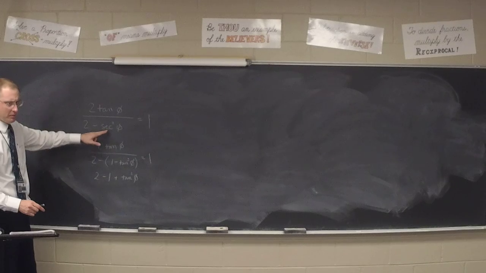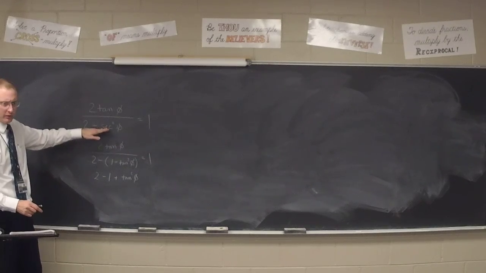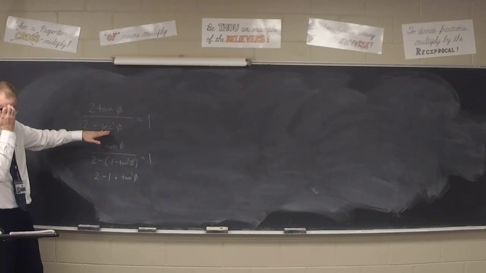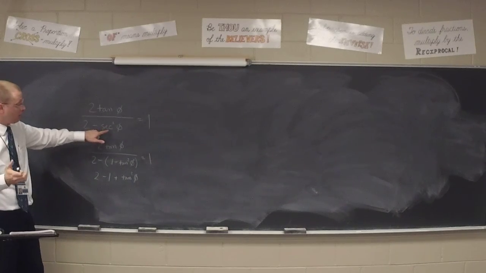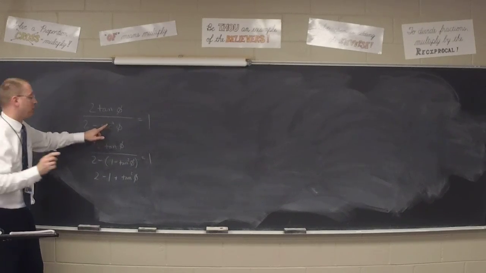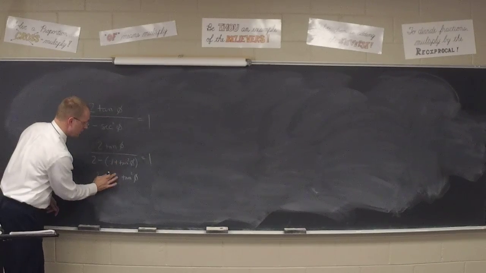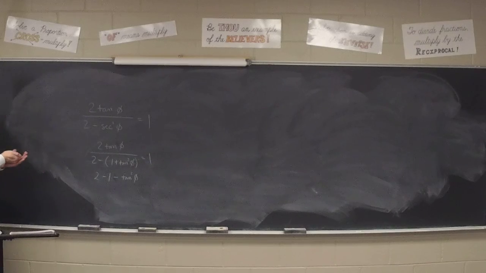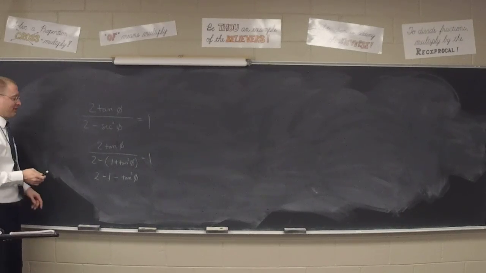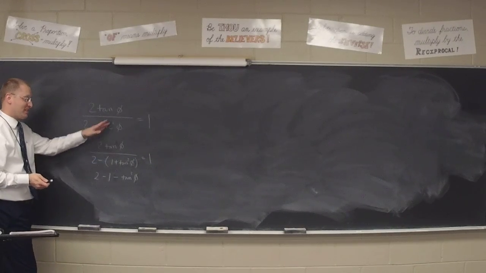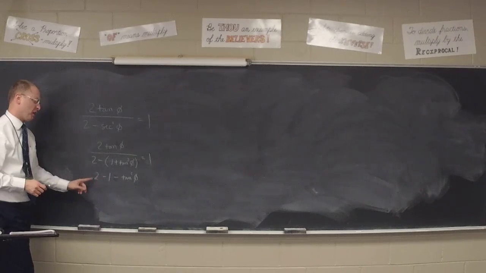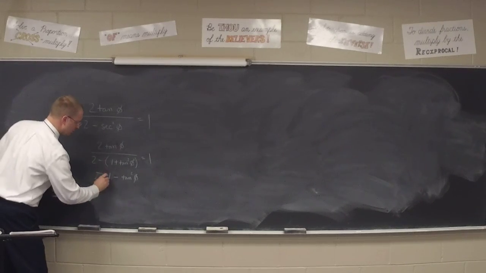What is the secant squared Pythagorean? Secant squared is 1 plus tangent squared, which means that becomes a minus. Something wasn't right there; I copied it incorrectly. Then 2 minus 1 is just 1.